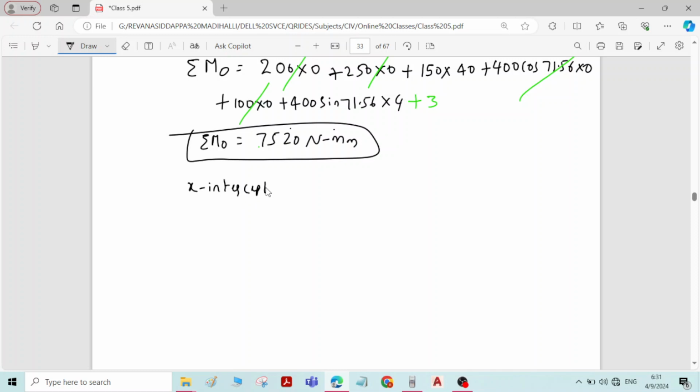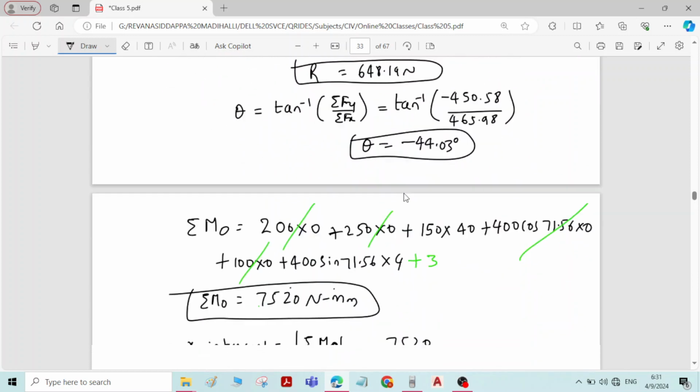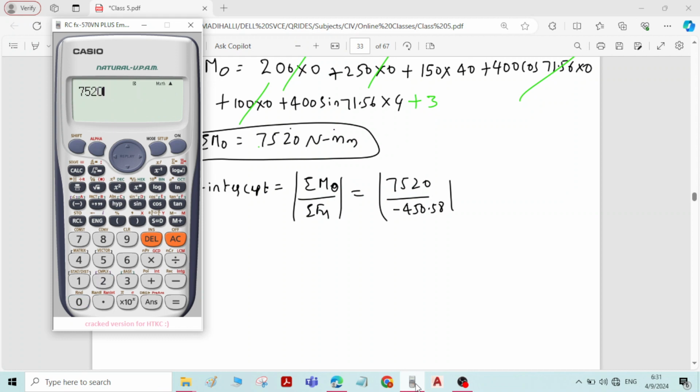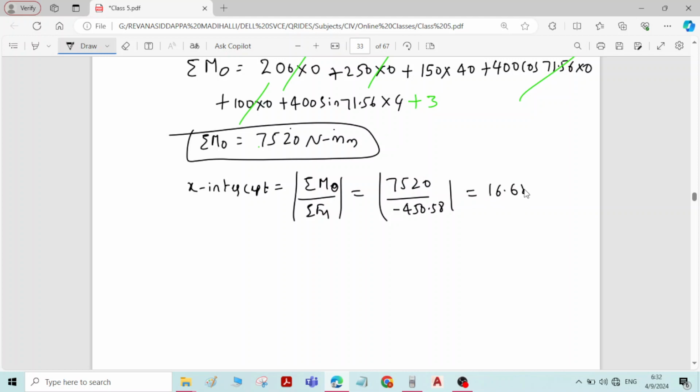X-intercept is equal to sigma M naught divided by sigma Fy. Sigma M naught 7520 divided by sigma Fy, which is 450.58. 7520 divided by 450.58 is 16.68 millimeter. Put the answer with a positive sign only because the mod is there.